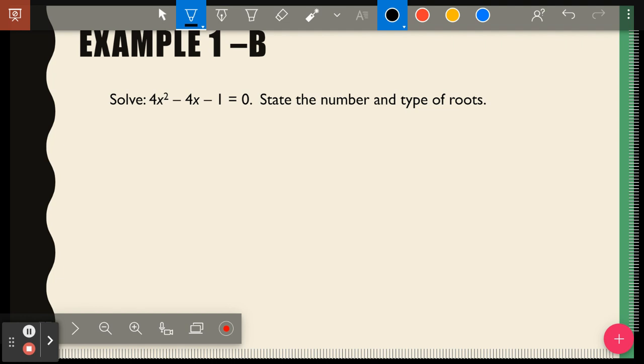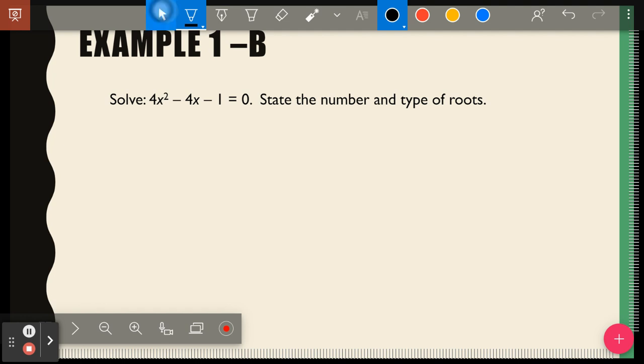I get this one, and the first thing I ask is, is there a greatest common factor? No, 1 is 1, so it's the lowest it can go. Some of you might think it factors, and it's good to try it, 2x and 2x and 1 and 1, but that would cancel out the -4x in the middle, so that doesn't work either. What tools do I have in the toolbox to solve this?